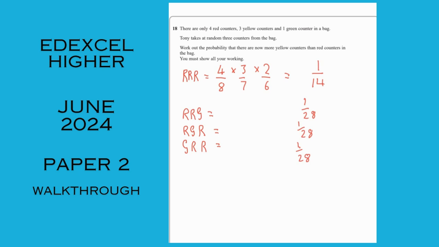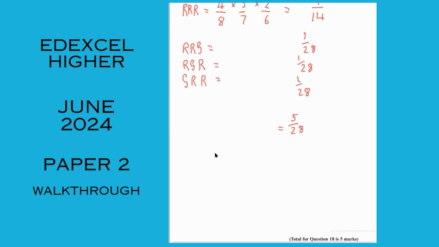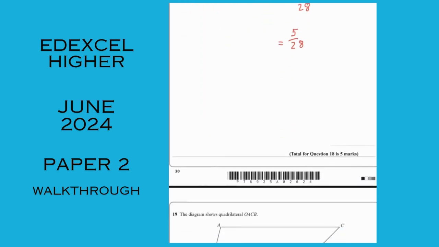But they are the only 4 things that can happen, the 4 situations, the 4 branches. If you were going to draw a probability tree, you'd still be doing it. But the only branches you're interested in are those 4. So we add them up. And there's our answer, 5/28.